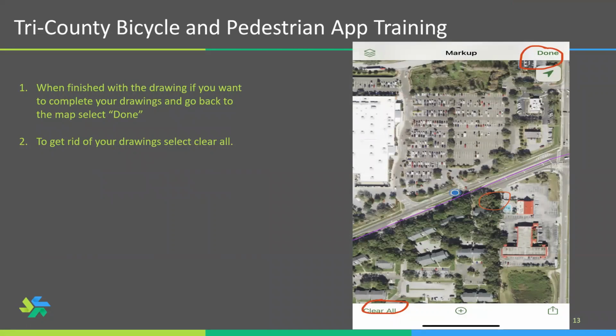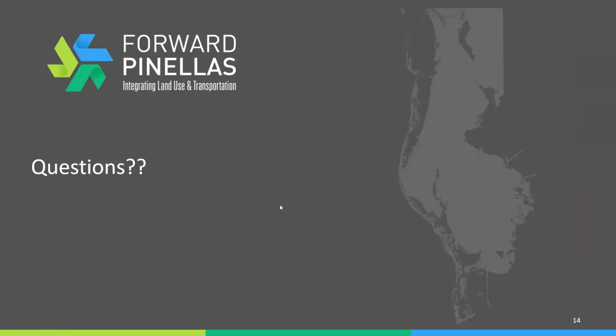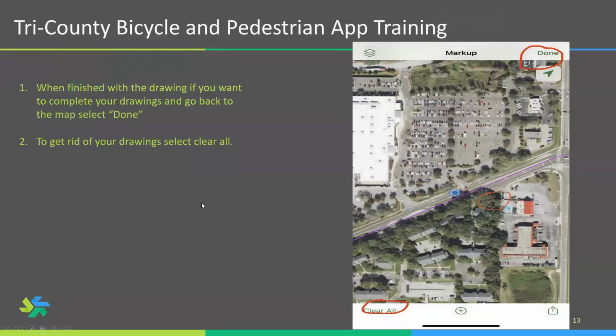If you want to get rid of your drawings, one or all of them, you can either hit clear all, or you can select that item in particular, and it'll give you a trash can item. I think I might have included that. Oh, nope, I didn't. If you just select that, it'll delete that specific feature. But it should stay on your map.